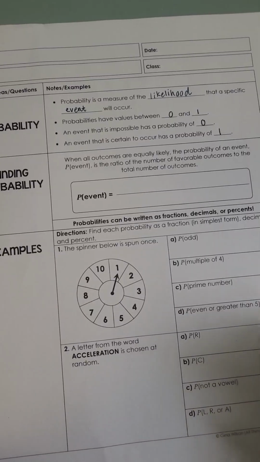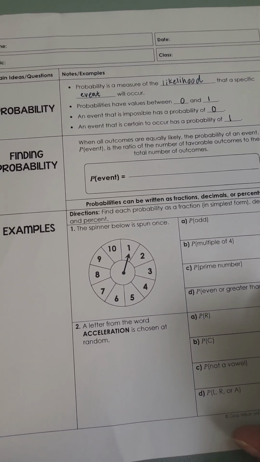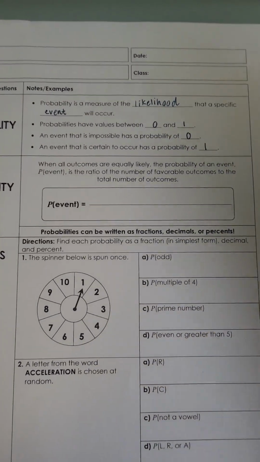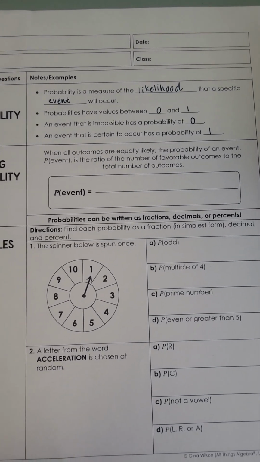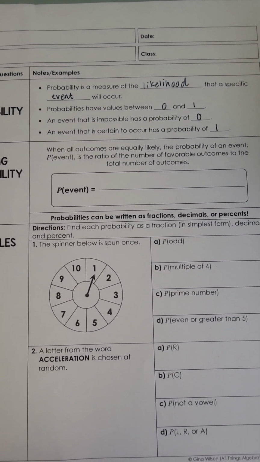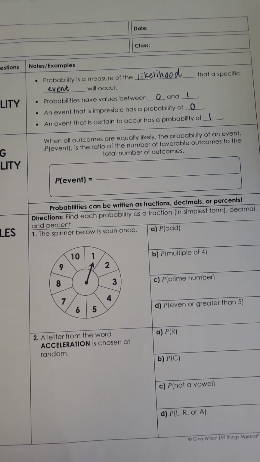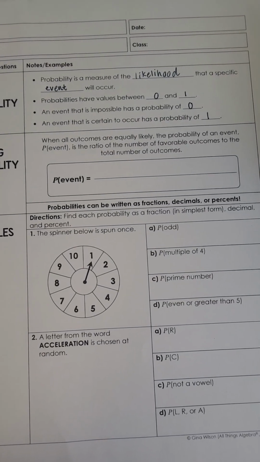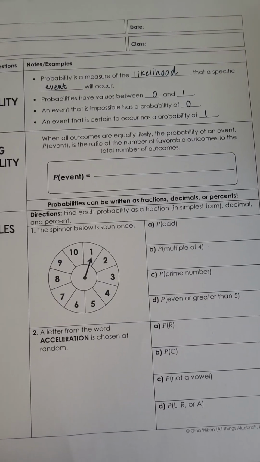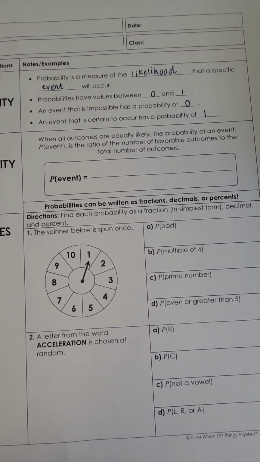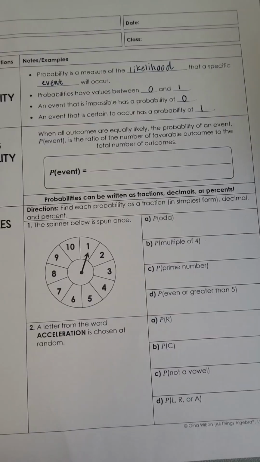To find probability, we have to use a formula. That formula is that when all outcomes are equally likely, the probability of an event is the ratio of the number of favorable outcomes to the total number of outcomes.